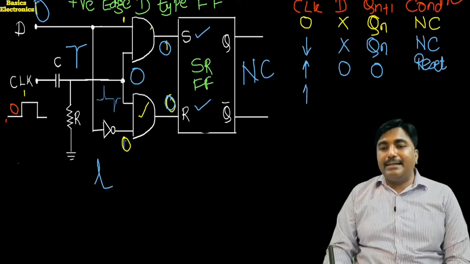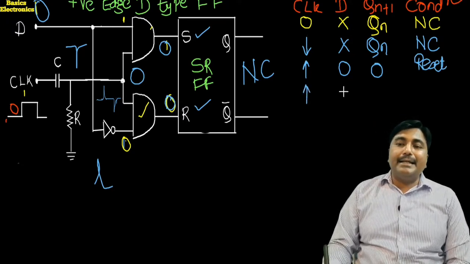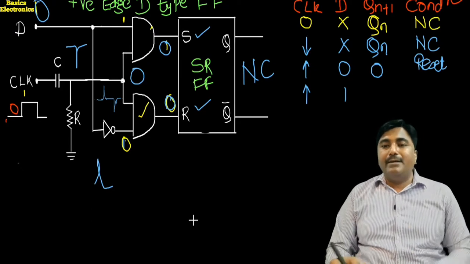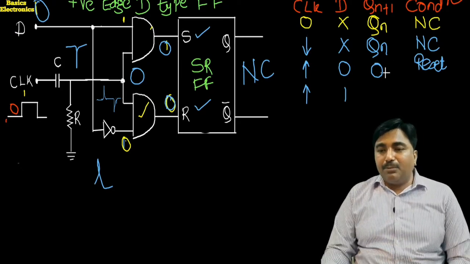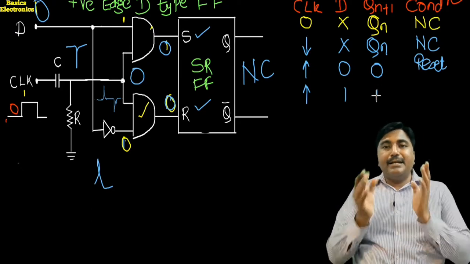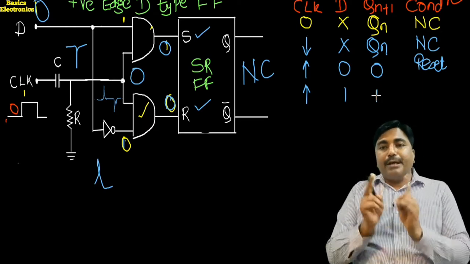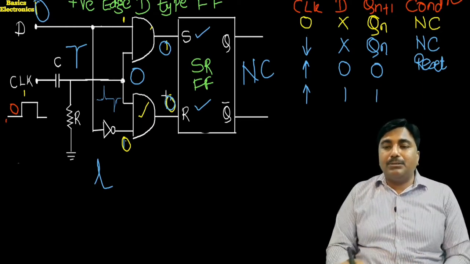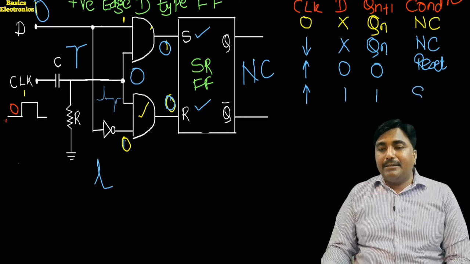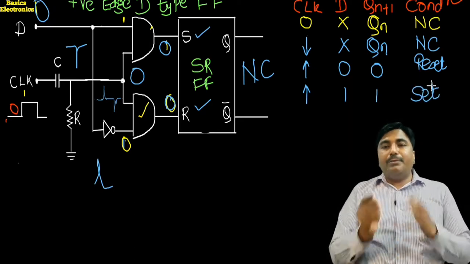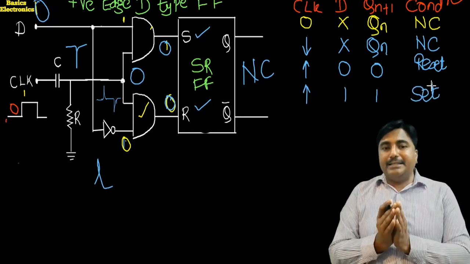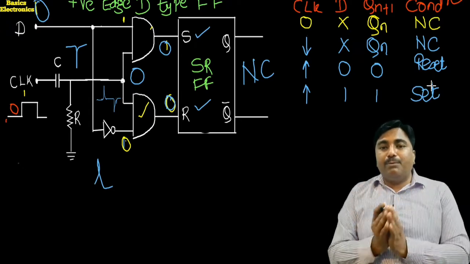When there is again a positive edge and the D input is equal to 1, the flip-flop goes into the set condition and produces the output Qn+1 equal to 1. There is no invalid condition.